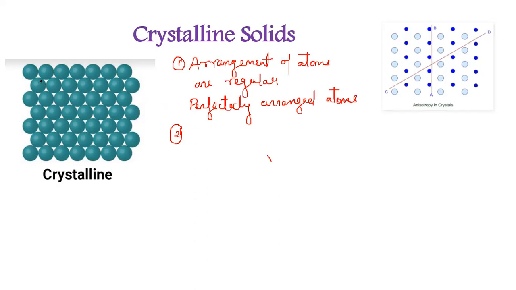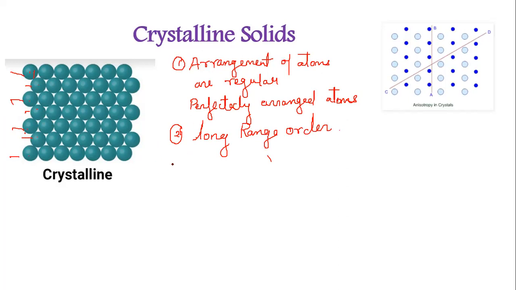Look at the figure: this layer and this layer are of the same type, and this layer is of the same type. So the atoms are perfectly arranged, and wherever you look, you see the same type of arrangement. For this reason crystalline solids are called long range order solids.